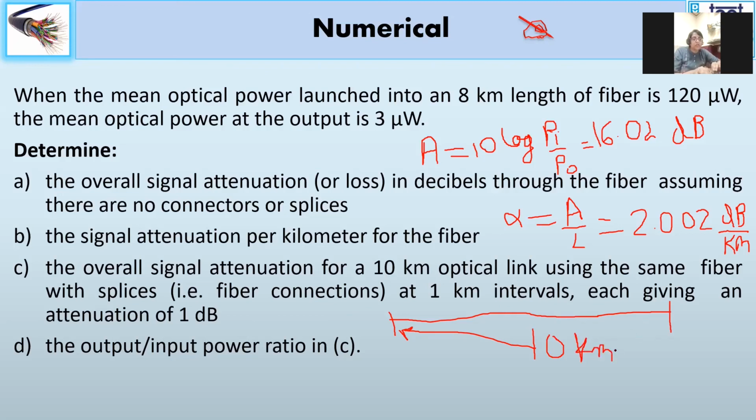How many splice joints will be there? 1, 2, 3, 4, 5, 6, 7, 8, 9, and this is the 10th one. So how many splice joints are there? Correct, 9. Everyone, do you agree how many splice joints will be there in a link of 10 kilometers? 9.